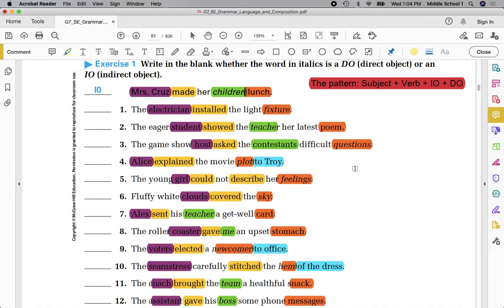If you've missed one of them, you can pause, you can rewind, you can go back. But on this page, you should have labeled indirect and direct, and then the sentence parts either by way of color or an abbreviation like S, V, I.O., D.O.